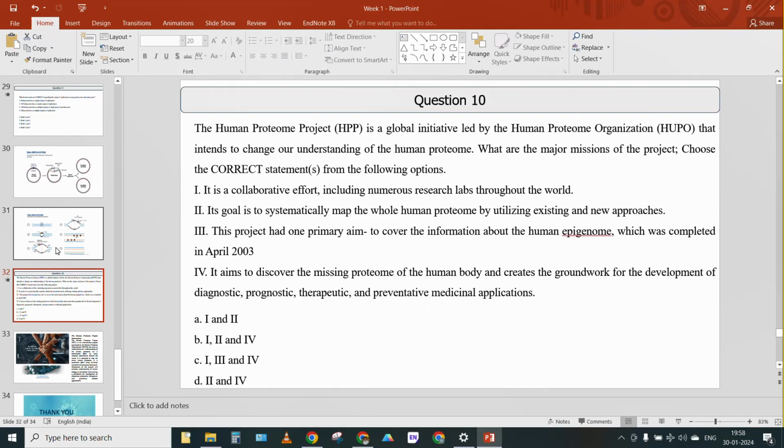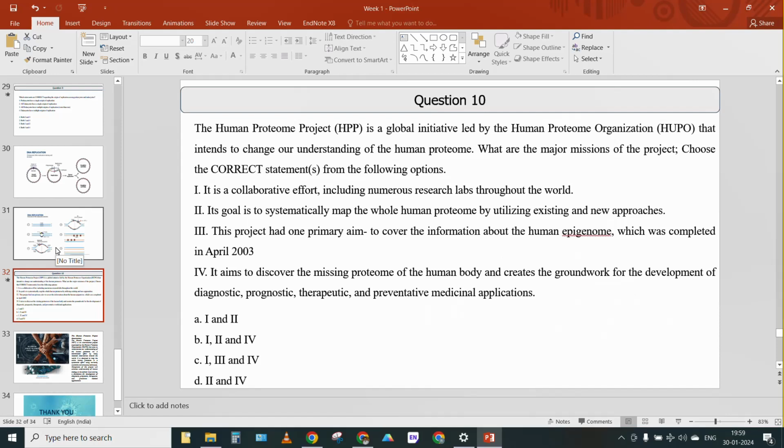So, which statements are the correct statements? Anyone would like to answer this? Anyone? Statements 1, 2, and 4, option B. And why? Because the question is about the Human Proteome Project, whereas the third option is talking about the epigenome, which is related to the genome, not the proteome.